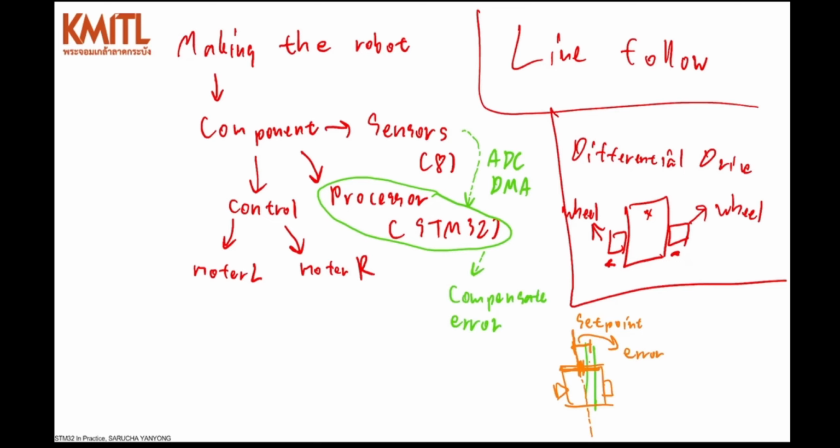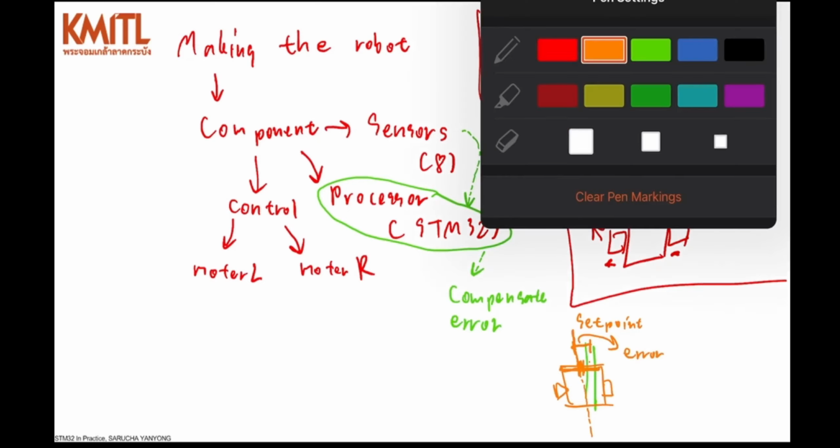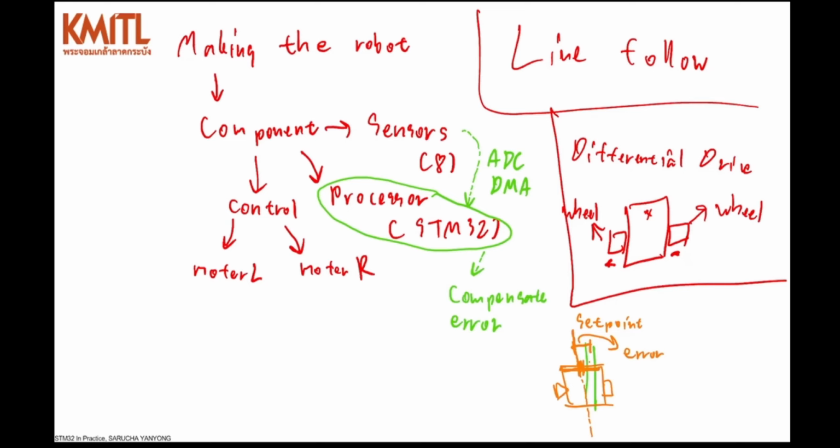If we have an error, we have to compensate to control the robot to move to the right position. We should speed up this motor, right? And we should slow down the other one. Then we should speed up.